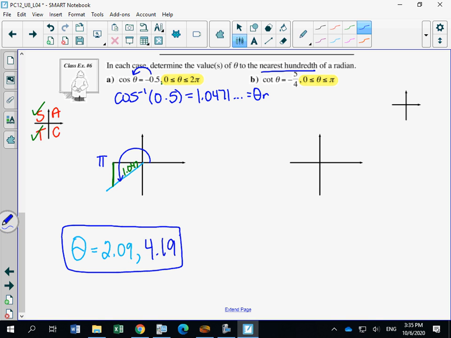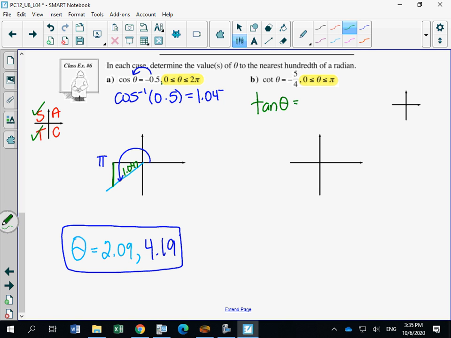Let's do the same thing for B, except there's one thing that we have to pay attention to in B. Actually, 2 things. First, in B, we have the cotan of this angle here, and remember that we can't take the cotan. We don't have that button on our calculator. So we're going to type in the tangent, because the reciprocal of cotan is the tan ratio.